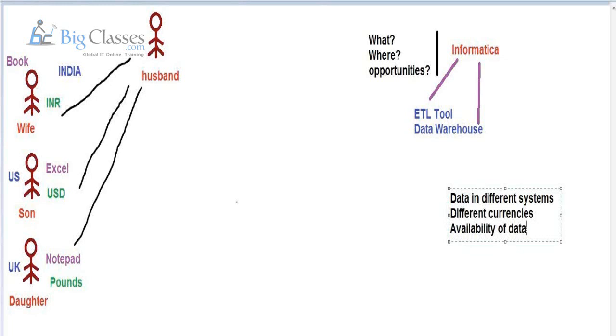And one more thing is, whatever expense details are shared by the family members are going to be at a very detailed level. Detailed level in the sense, let us say there are some common expenses like breakfast, lunch, dinner, and transportation.